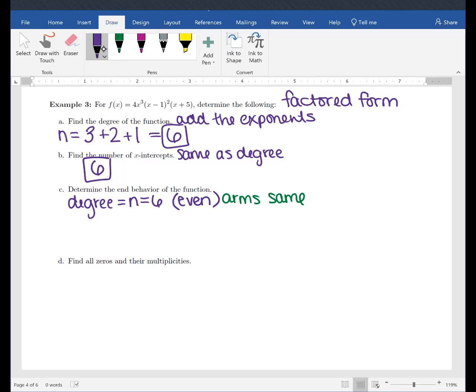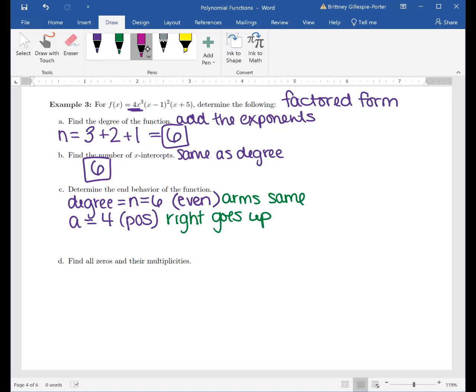Since all of the x's in the parentheses have a 1 as their coefficient, we're going to concentrate on the number out front. So our leading coefficient A is 4, which in this case is positive. Since it's positive, we're going to end on a positive note, which means the right side goes up.